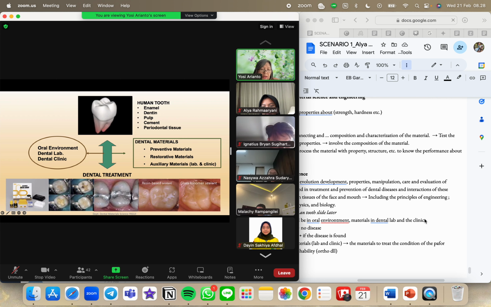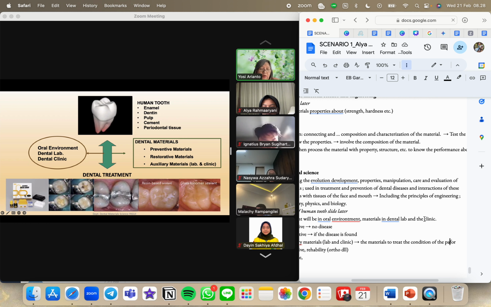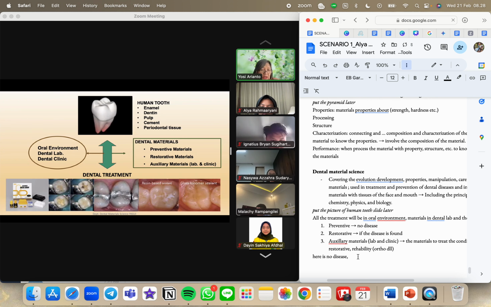Prof. Bonding agent is what we usually use to bond composite resin to the tooth. As you see, we do the cavity, the caries, and then do the restoration with composite resin or with this. And this one is for preventive materials.